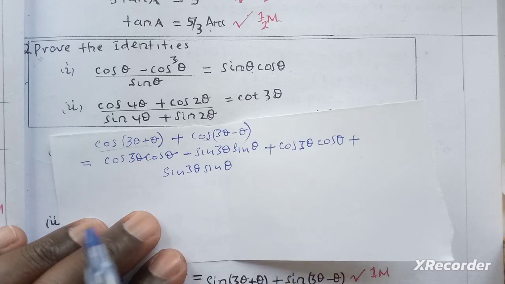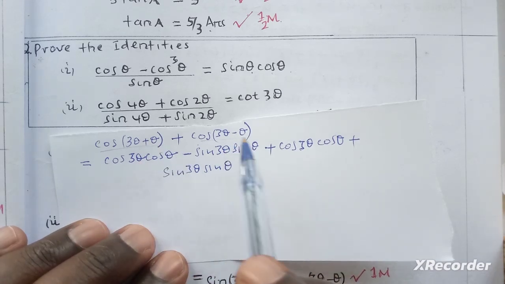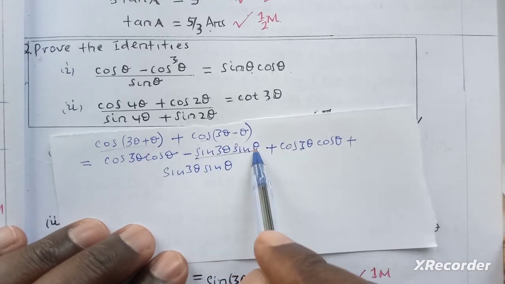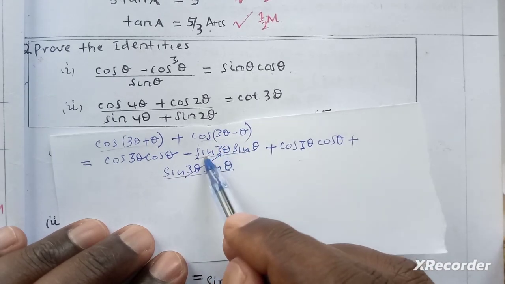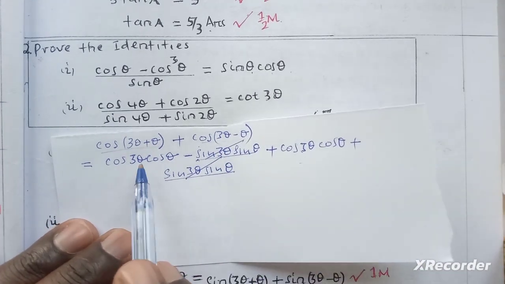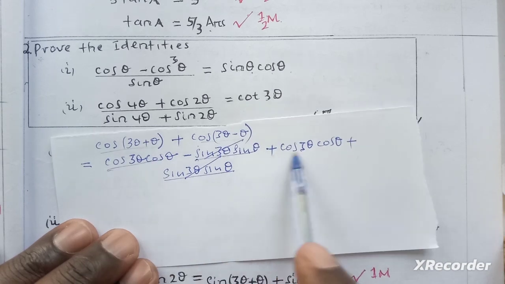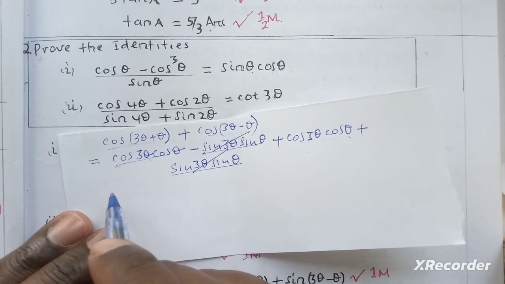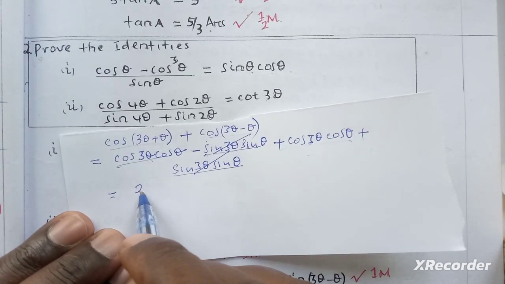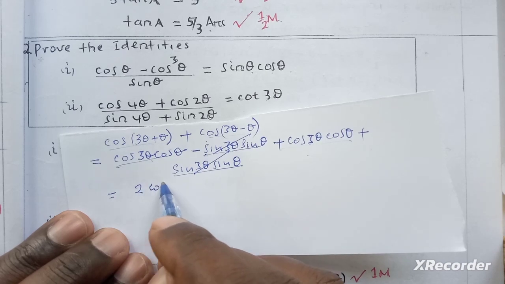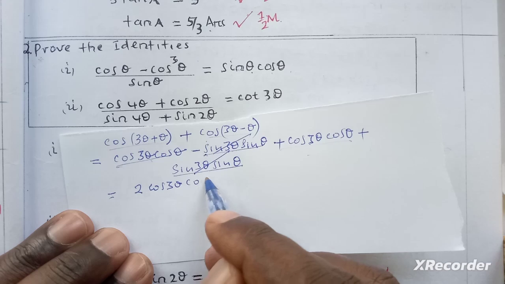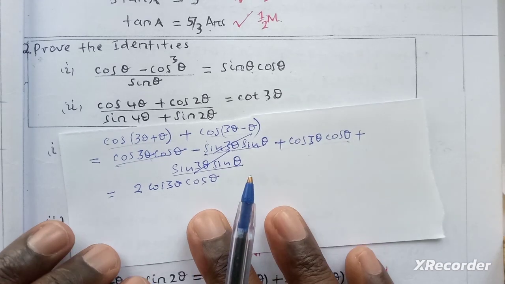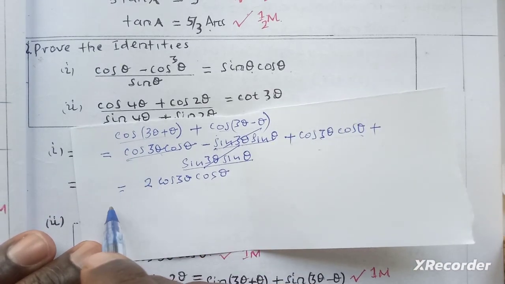Then from there, you can see that we have this which is the same as this one. So this one can cancel that one. Then we are left with these two. This plus this is like y plus y, you get 2, and then our y is cos 3 theta cos theta. Let's now go to the denominator.